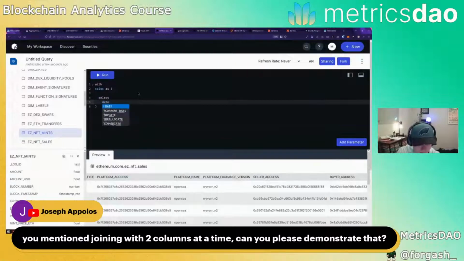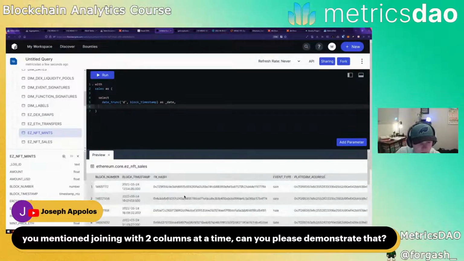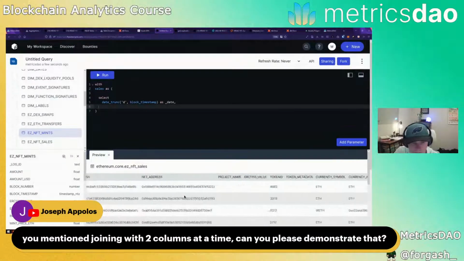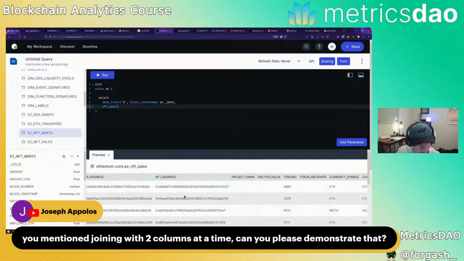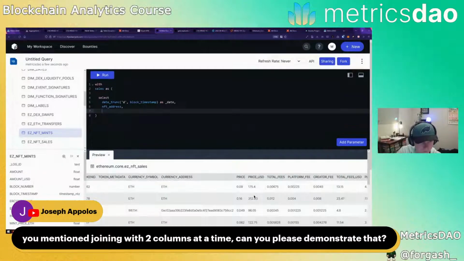Select. We are in sales right now, so I just want to make sure I grab the right column name, NFT address. And let's sum the price as ETH, because we're using price, not price USD.